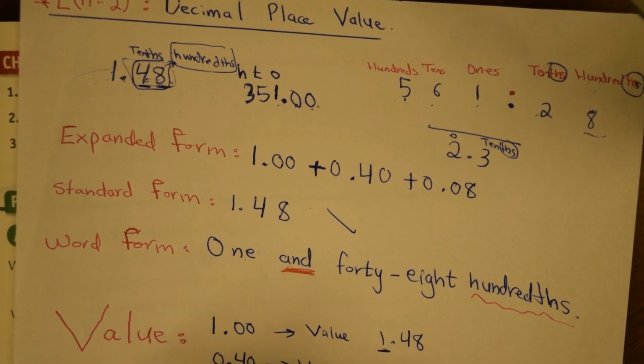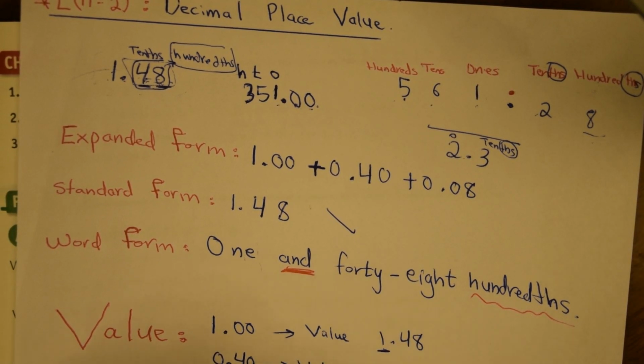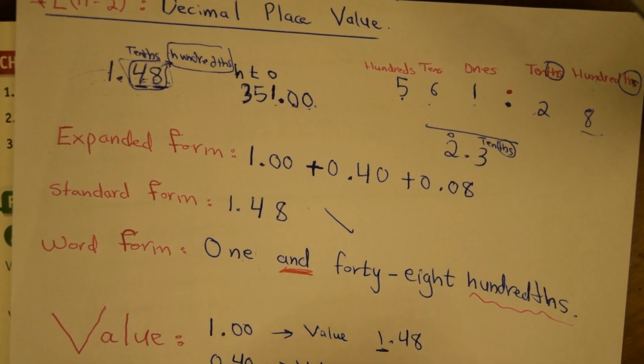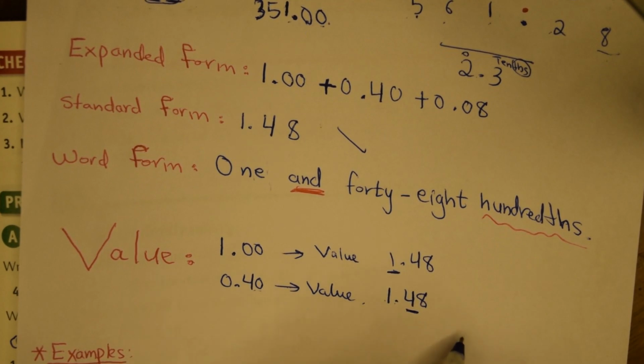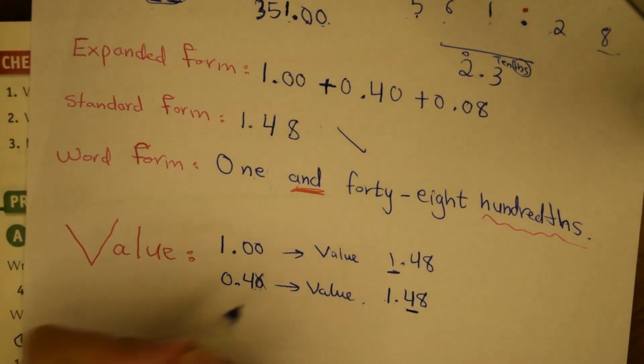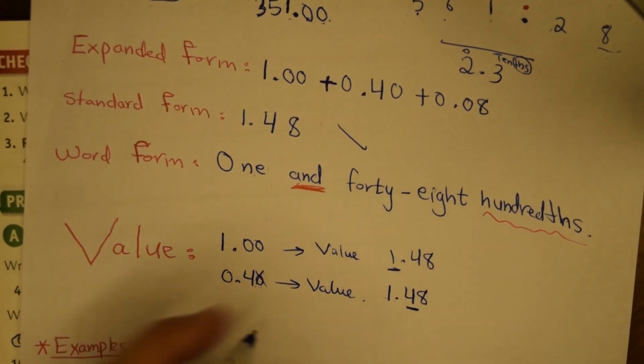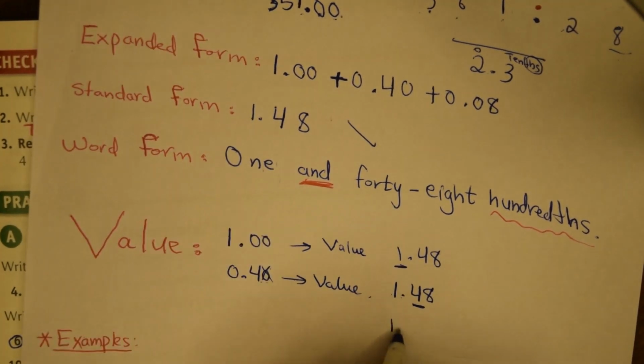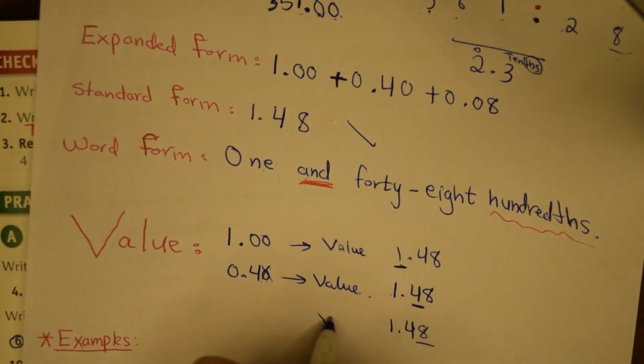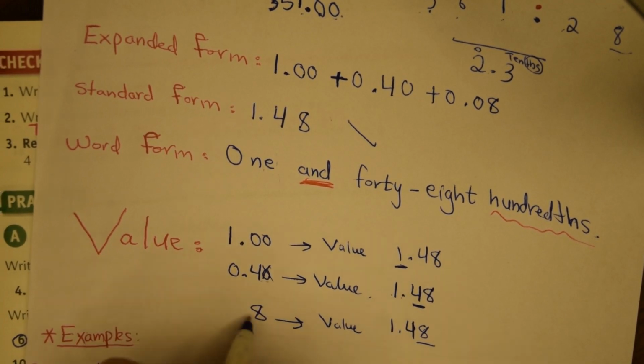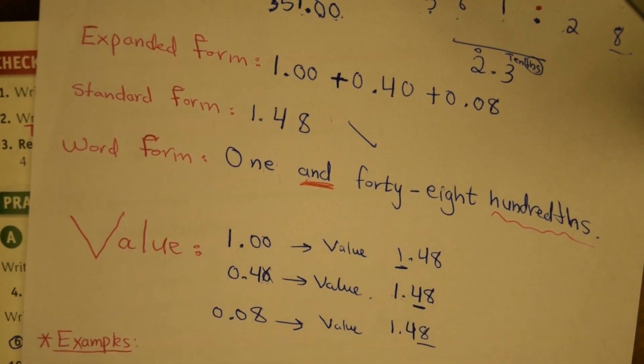This is the value of the 4, and since here I have many zeros and they have no value, then I can take out the 0. And now the 8, what's the value of the 8? I will put the 8 and all the other numbers 0.